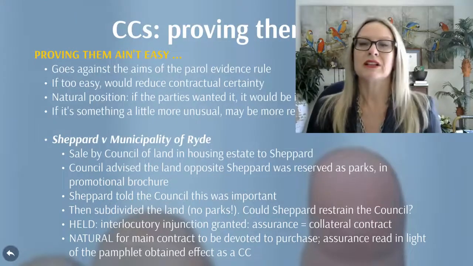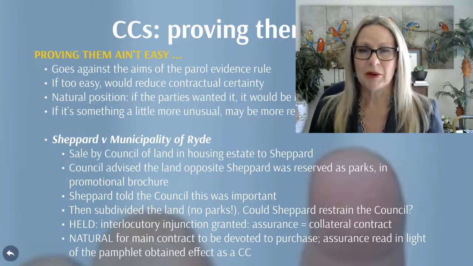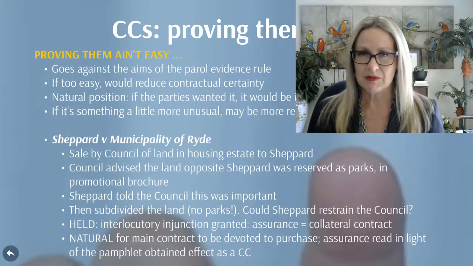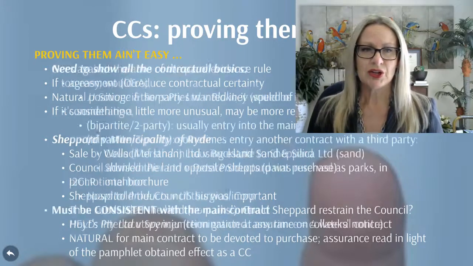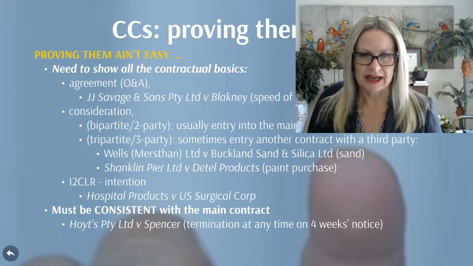So where a term contains something a little more unusual apart from the run-of-the-mill term that might be in the main body of the contract, then you might find a collateral contract exists.